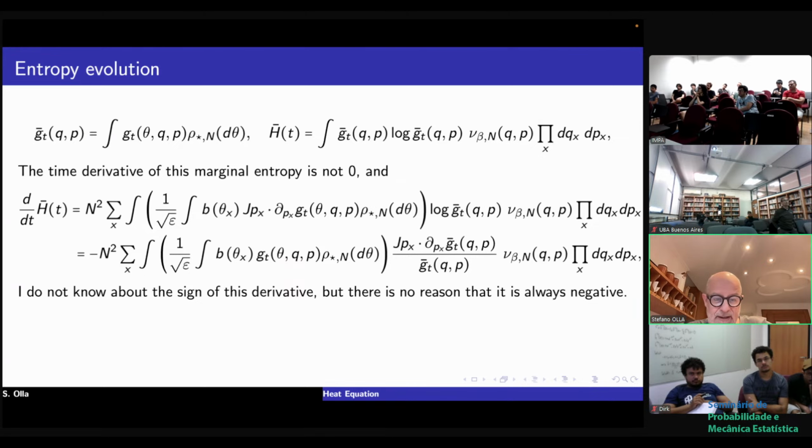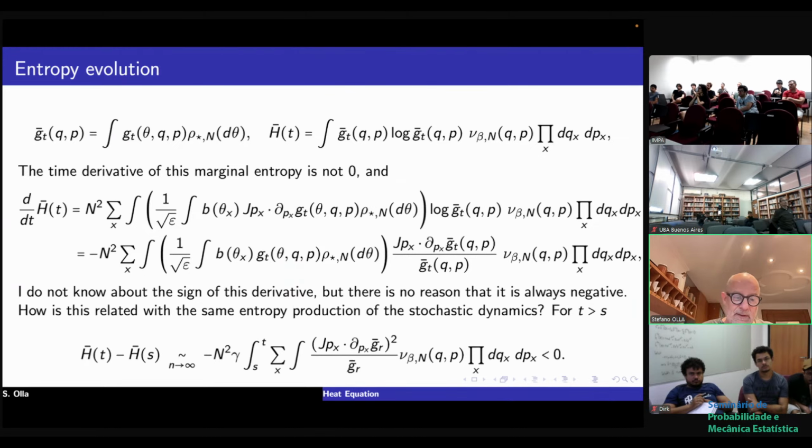I couldn't find any, but this should be related instead to the entropy production of the stochastic dynamics. In the stochastic dynamics, as you compute the change of entropy, you get this Fisher information that is all caused by the stochastic term of the stochastic dynamics, and this is negative.